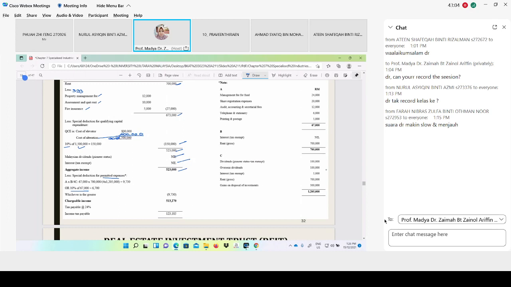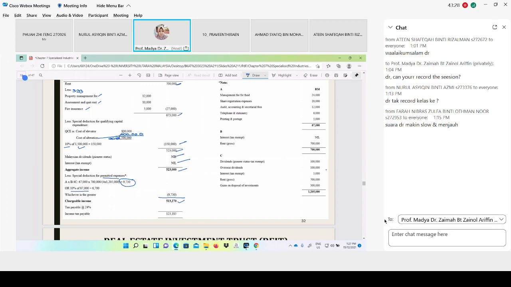That is B plus exempted income and also gain from realization of investment. After you deduct the portion, take the higher this time. Take the higher, so you will get chargeable income.